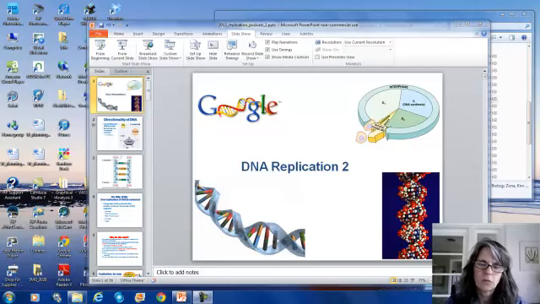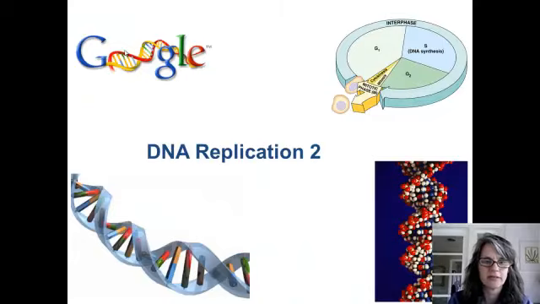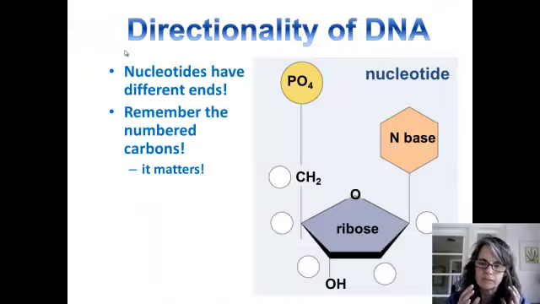All right, so we are going to get into the nuts and bolts of replication and how that actually occurs, with all the different enzymes involved and things like that. But please remember that one critical thing about the structure of DNA and how it works in replication is its directionality.